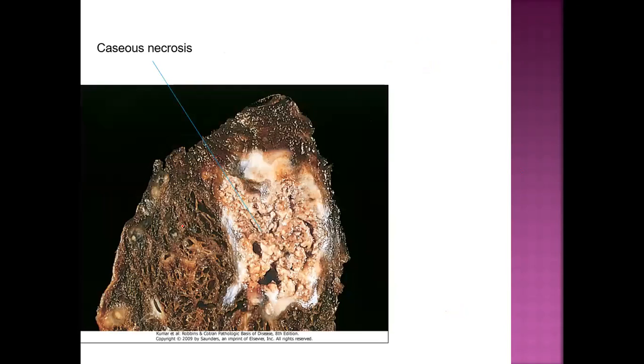In caseous necrosis, this is the lung, in the case of tuberculosis, the lung of a person infected with TB. So you can see this area. It appears like cheddar cheese, meaning a cheese-type appearance is seen.